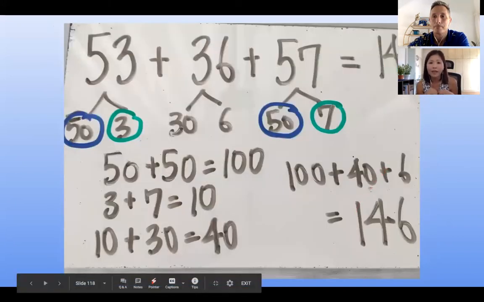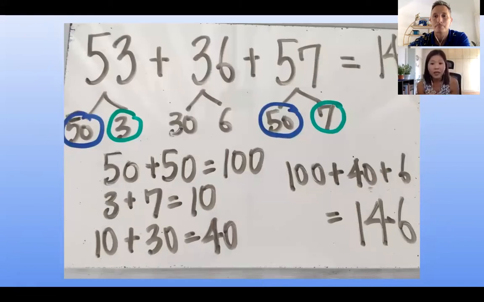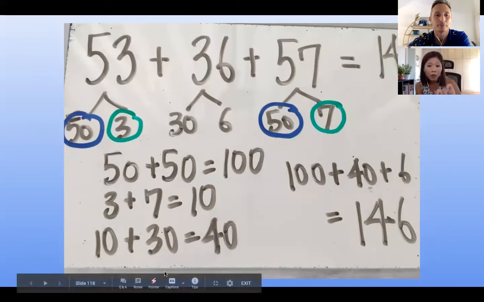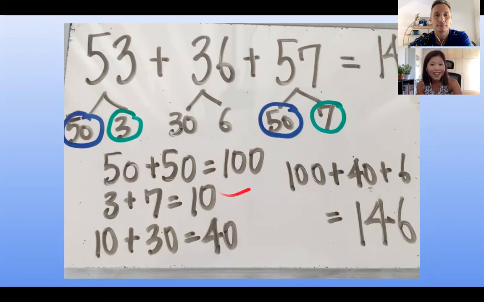This was a little bit bigger numbers and it took a little while, but I used that decomposing strategy. So I decomposed all the numbers first underneath because this is when I can spot some 10s or 100. Then I was able to spot the 100. First, I added 50 plus 50 because that made 100, okay?